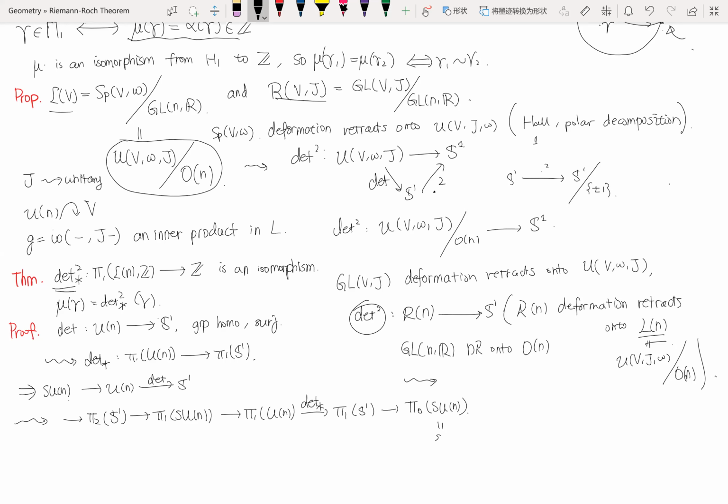We know this is trivial, and this is trivial. So this gives an exact sequence 0, and this is 0. So this gives an exact sequence of fundamental groups, with the determinant star.